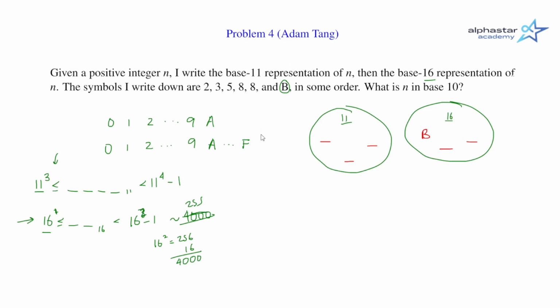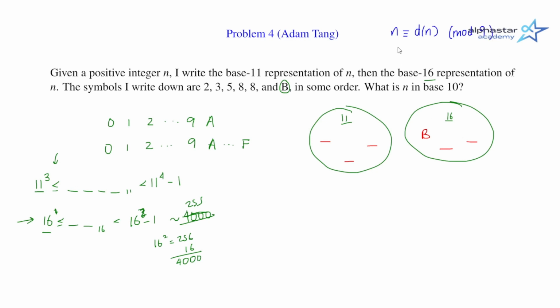In particular, remember divisibility rules. In base 10 decimal, we have a nice divisibility rule for 9, right? If a number is divisible by 9, then the sum of the digits is also divisible by 9. And even more generally, n is congruent to the sum of its digits mod 9, meaning they leave the same remainder.